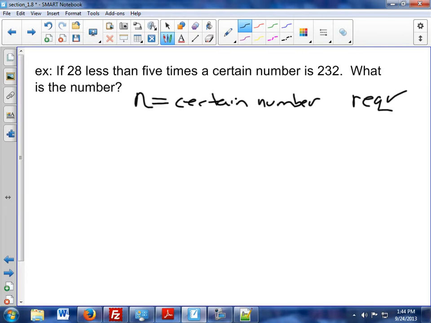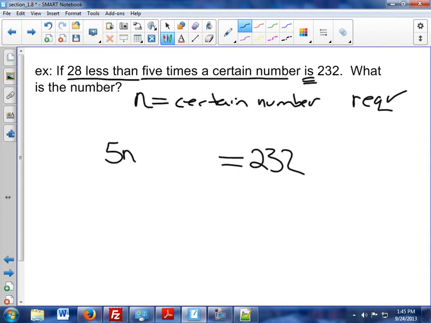So now I look for key words. Well, I know is always what? Equals, right? So I know it's going to equal 232. And then I have 5 times my certain number, 5n. This one you have to be very careful with, and I chose to do it first because this is the most common word right here, less than.